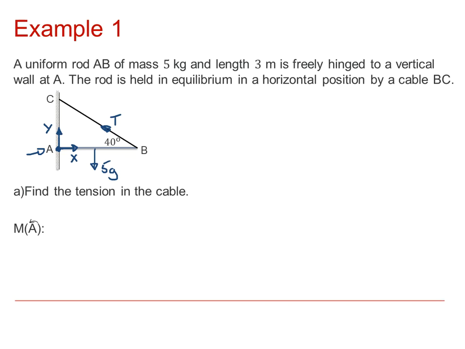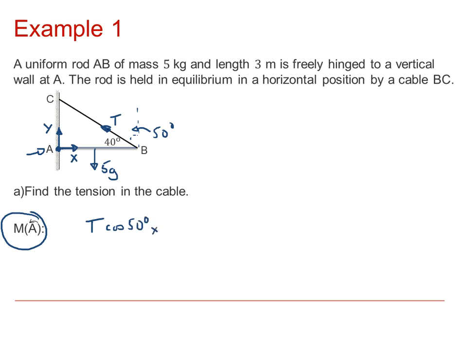So taking moments about A, we can say that the anti-clockwise moment is given by T, and one way is to resolve T so that we look at its vertical component, so that there is 50 degrees, so we can say that T cosine 50 degrees multiplied by the distance.